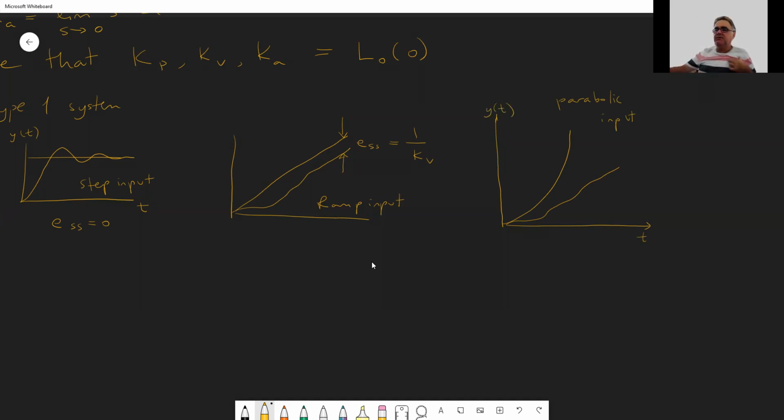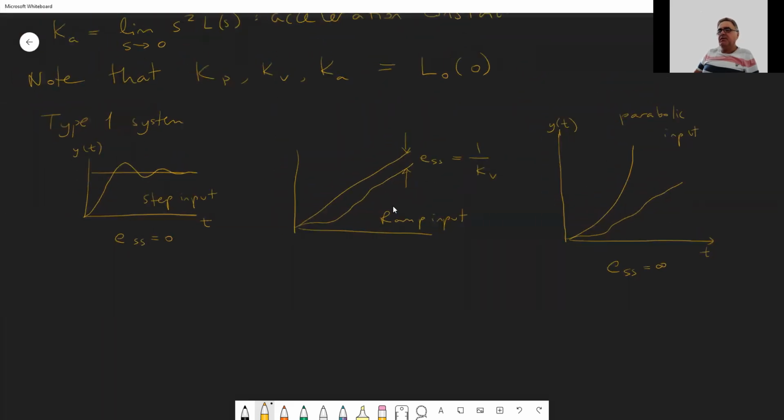So this is type 1 system. The steady state error is infinite. For a type 1 system, the degree of polynomial for which the system gives finite steady state error is this one.